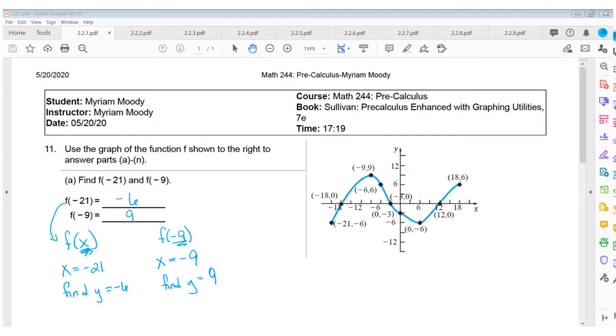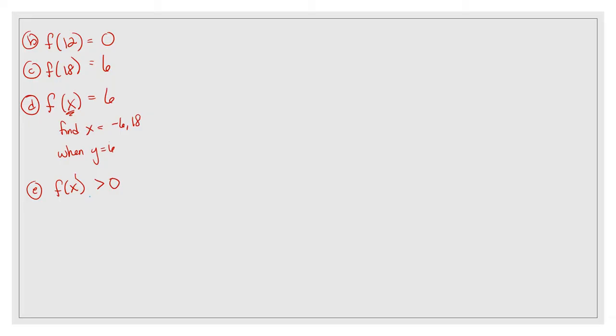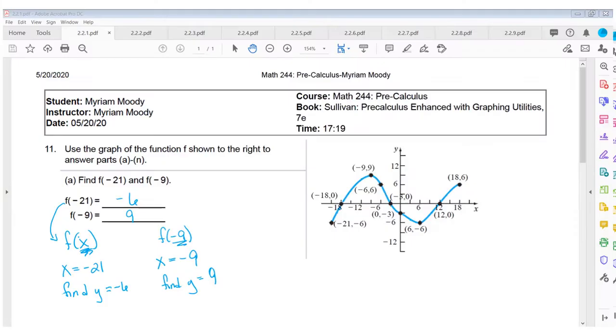Yeah, x needs to be a positive number, doesn't it? Right? Okay, so they're looking for where the graph is positive. When they said f of x greater than 0, they're looking for where your graph is positive. So, where is my graph positive? Yeah, I see my graph positive here because it's above the x-axis, and I also see the graph being positive here because it's above the x-axis.